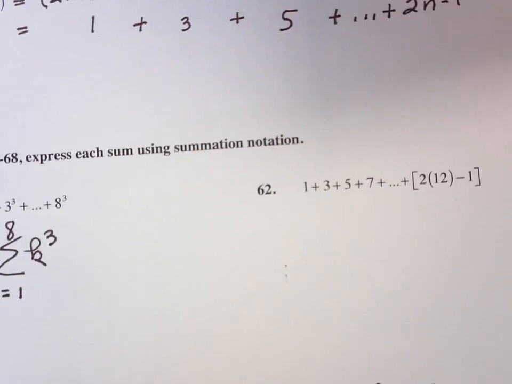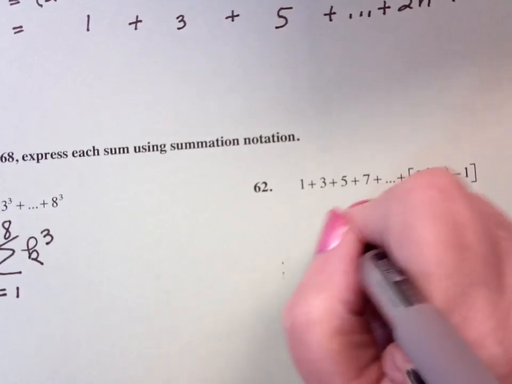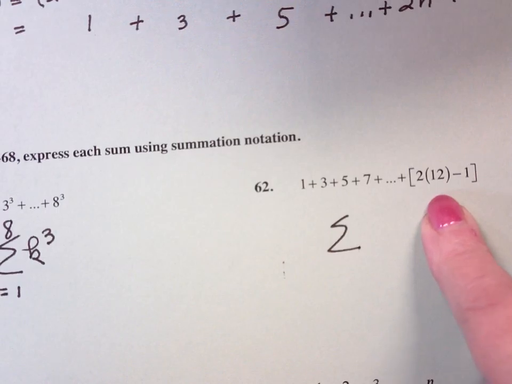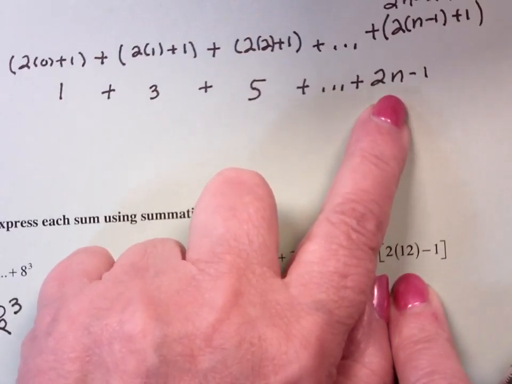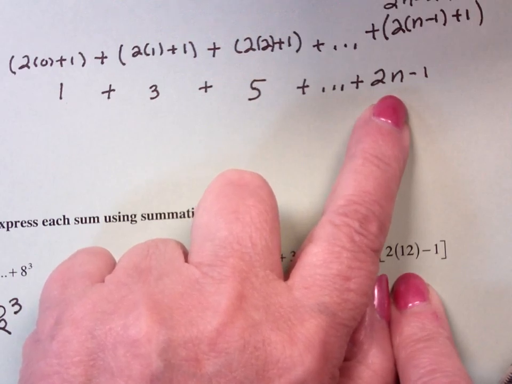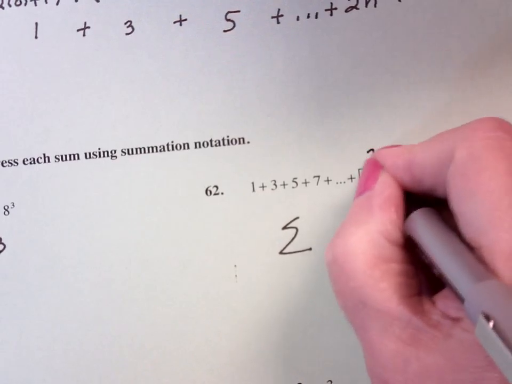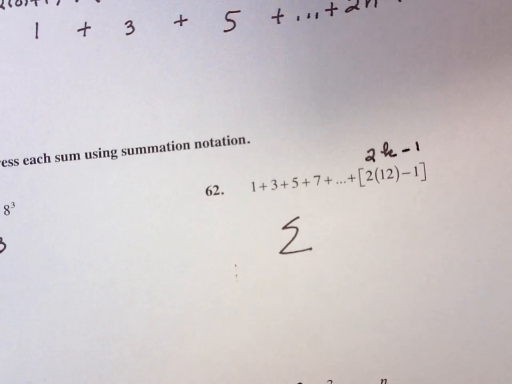Now this is why I think this is stupid, because the only thing that you need to concern yourself about is what k is, because in the end, that's your formula. Just like when we wrote it out, that we had to leave the formula because it was an n. This tells me how that thing was generated. It was generated by taking 2 times whatever k was and subtracting 1.